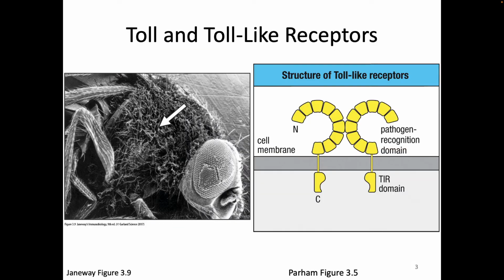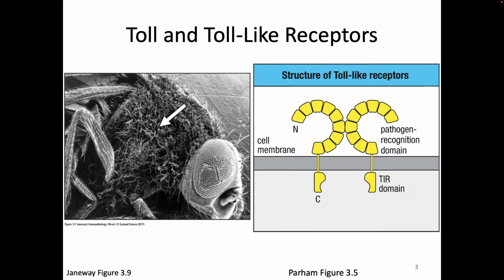The beginning of our understanding of PRRs was the discovery of first the Drosophila protein Toll, and then these similar proteins in humans and other mammals, the Toll-like receptors. The first one of these that was found was Toll, but now we know there's a whole family of Toll-like receptors. These proteins have a domain that allows them to recognize a microbe.